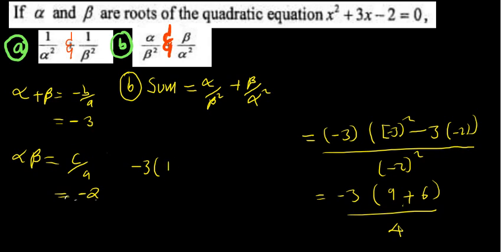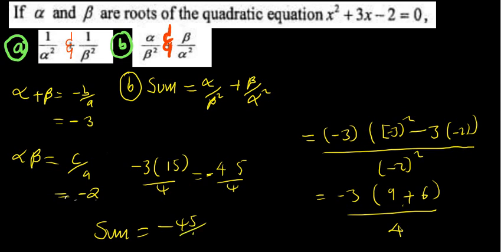A 15, and then divided by a 4. So negative 3 times 15 is 45, over 4. Okay, so this is going to be the answer. This is going to be the sum. So we have found the sum to be negative 45 over 4.